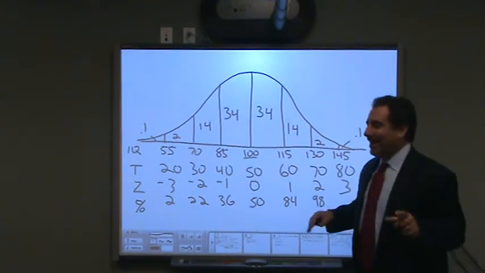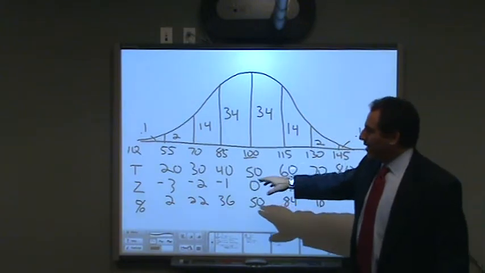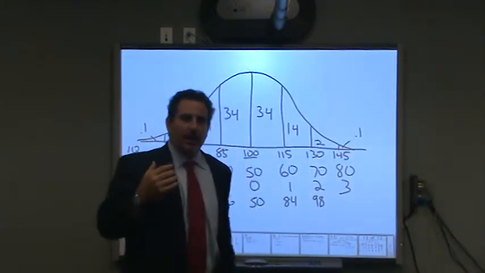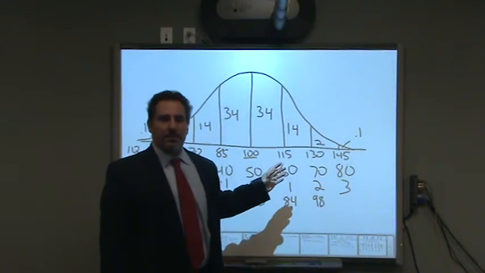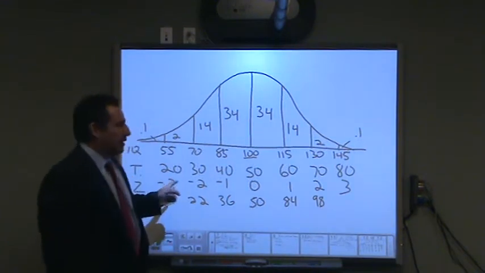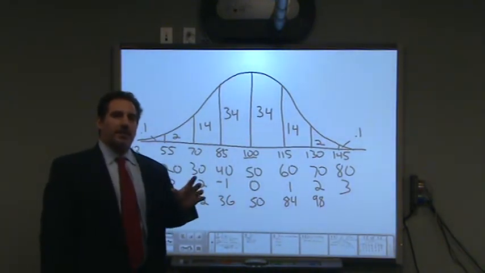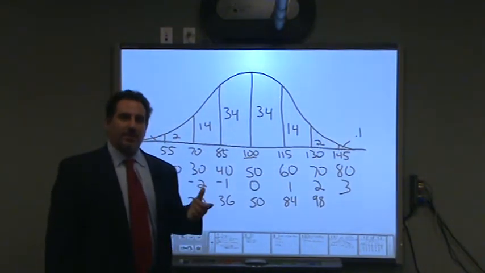Okay, so this is for IQ scores. Another way to talk about somebody's score on a normal curve is to put it on the T-scale, give them a T-score. The T-scale is structured so that the mean is 50 and the standard deviation is 10.